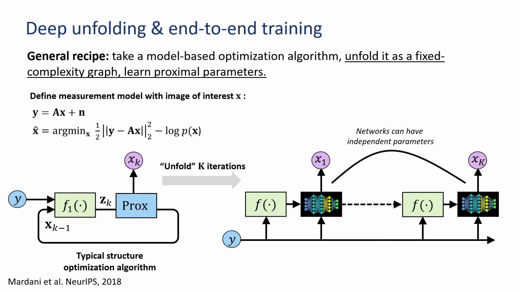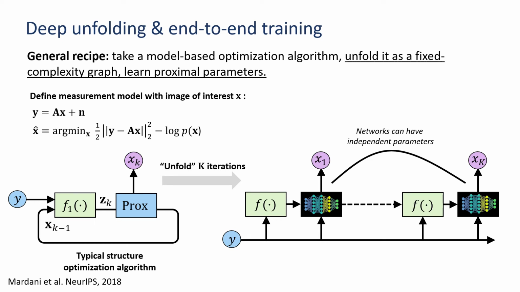So then we unfold again this proximal gradient algorithm as a deep neural network, but now the generic case where we replace this proximal operator for every iteration, and now we have a fixed complexity graph, so an iteration becomes a layer in that network, with a smaller neural network, which is that denoiser that we talked about, or any other kind of parameterized proximal mapping that you can train, and we train it end-to-end.